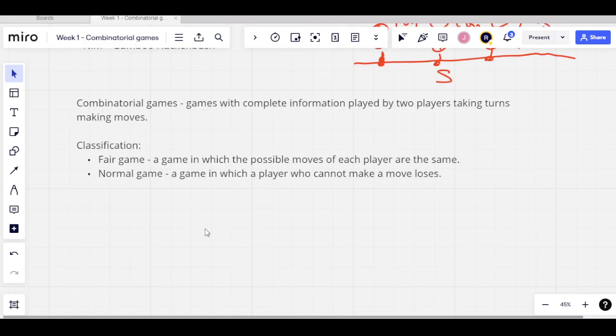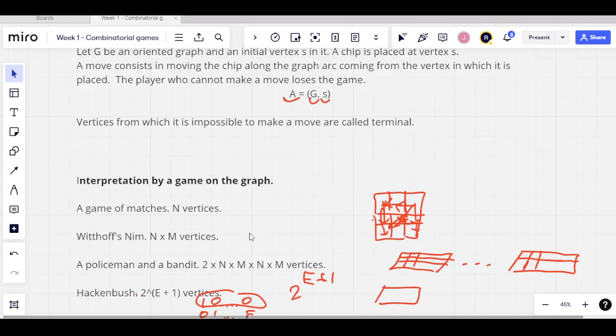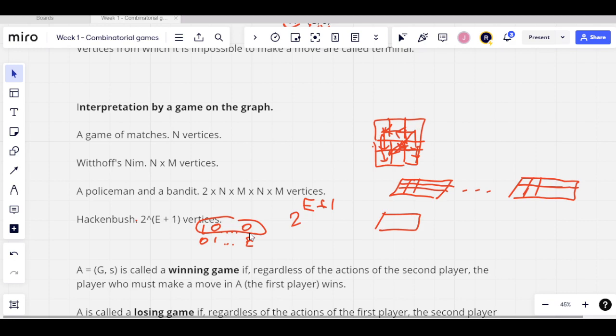Every state of this game can be described by whether we cut some edge or not.